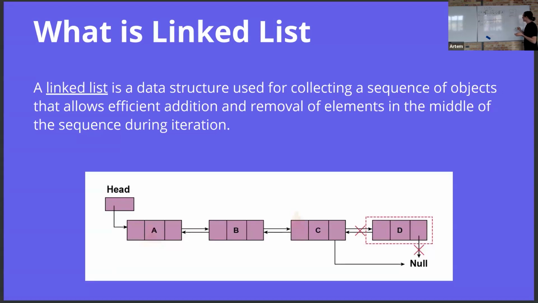Next is a reference to the next node, and prev is a reference to the previous node. Basically, those references are addresses in memory. So our node already contains information about the address of the next element and the address of the previous element.